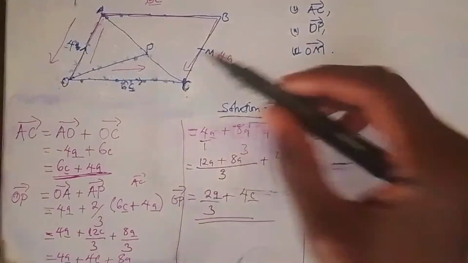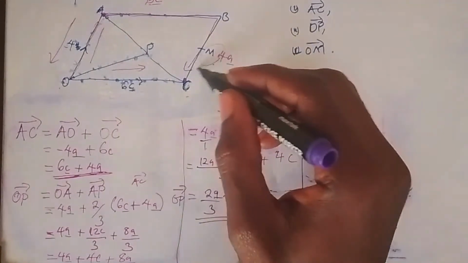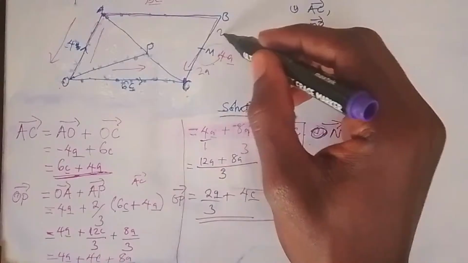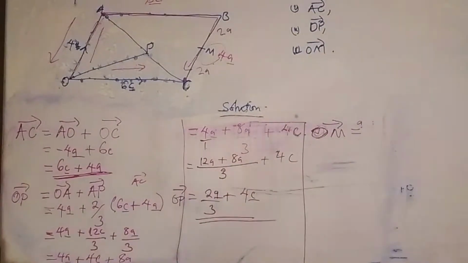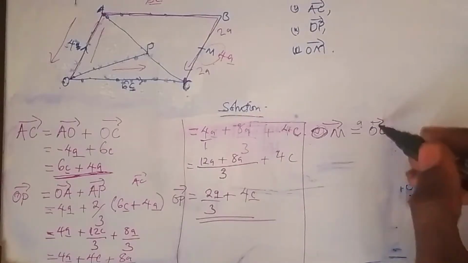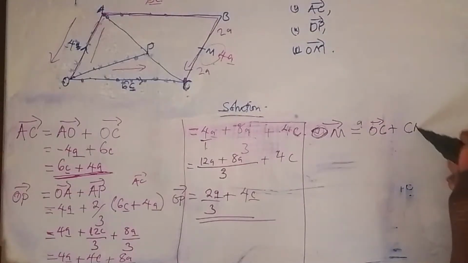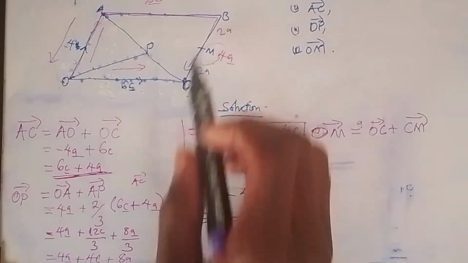So if M is the midpoint, here we are supposed to have 2 and here 2, so that it is balanced. So for us to get to M, we are going to move OC plus vector CM. So we're going to move from here to here, then here to here.